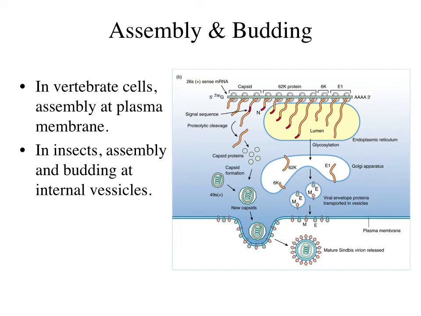In vertebrate cells, capsid proteins and genomes assemble in the cytoplasm. Capsids associate with E proteins at the plasma membrane where budding occurs. In the case of animal cells, infection is usually cytopathic. However, in insect cells, the infection can be non-cytopathic. In this case, the virions probably bud into intracytoplasmic vesicles and are released by exocytosis.